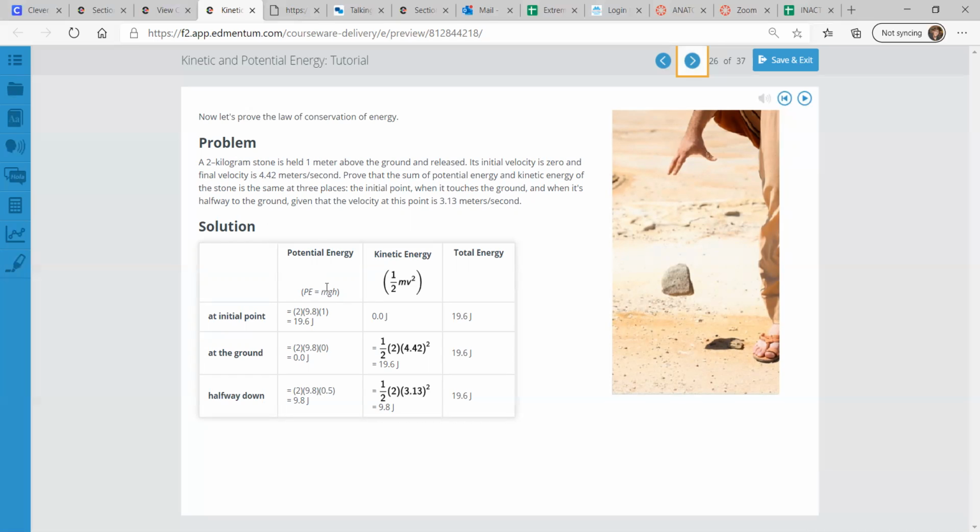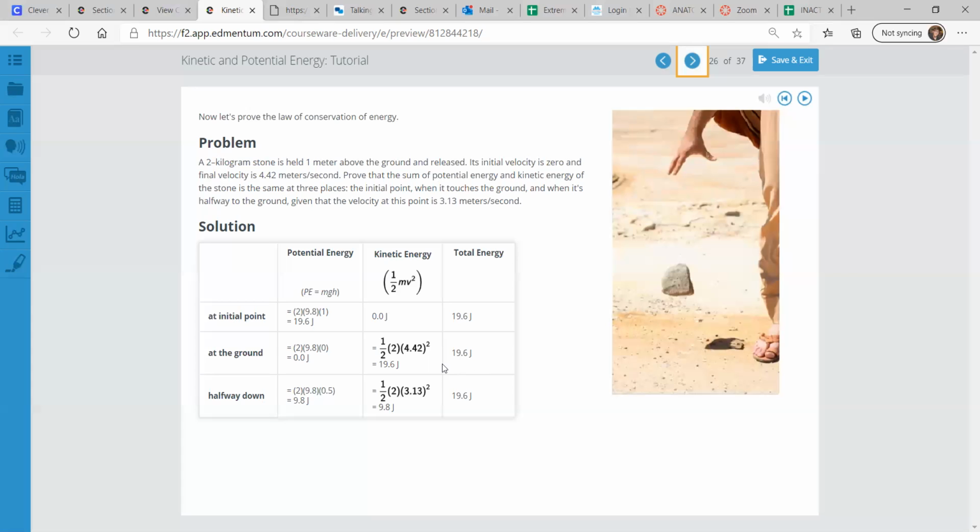The g is 9.8 meters per second squared. And the height is 1 meter. So 2 times 9.8 times 1 equals 19.6 joules. 19.6 plus 0 equals 19.6 joules of total energy. So that's when you hold it in your hand above the ground.